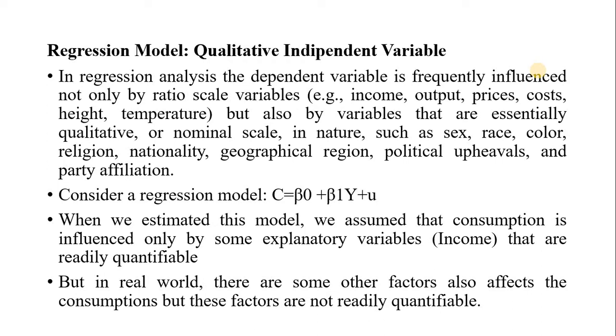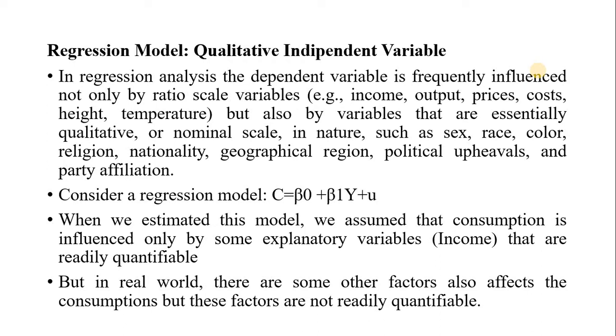Such as gender, race, color, caste, religion, nationality, geographical region, political upheavals, and party affiliations. Apart from this, you can see a large number of qualitative variables, and these qualitative variables also have influential effects on the dependent variable.